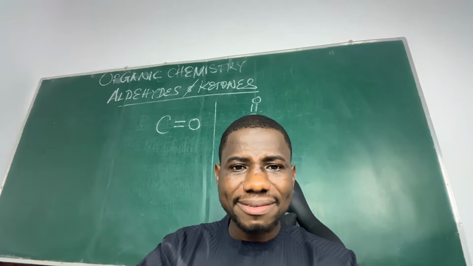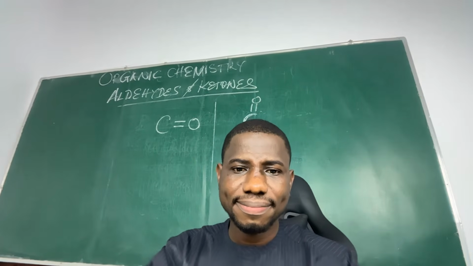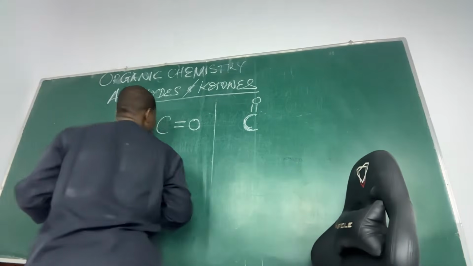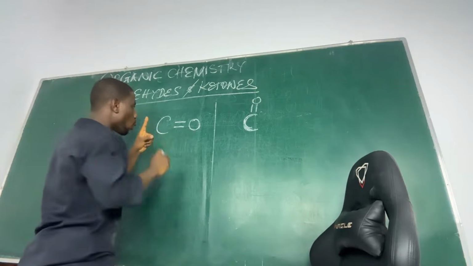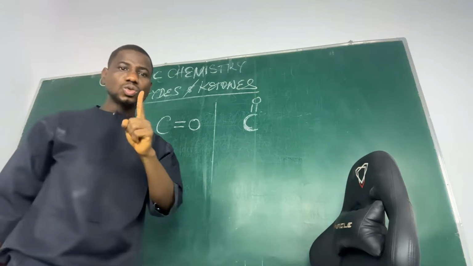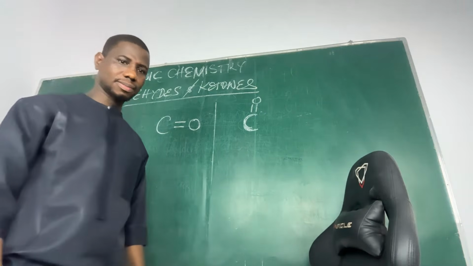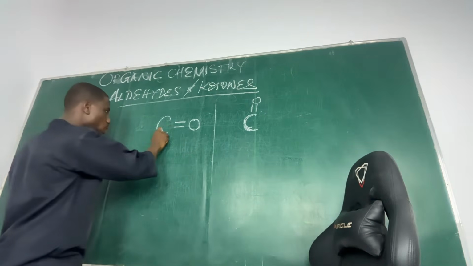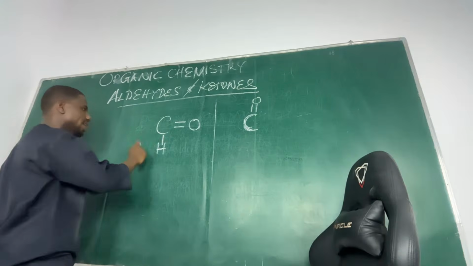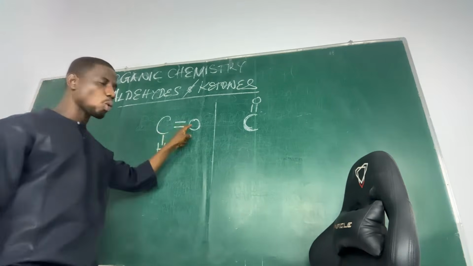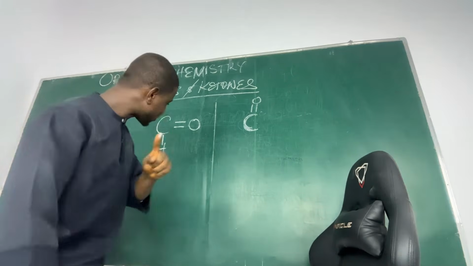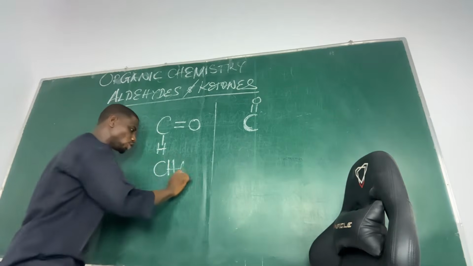Now, what do I mean by that? Let's take a look at this. Look up. This is a carbonyl group. Once it is attached to a hydrogen atom, we call it an aldehyde group. So once we have this C=O and we have a hydrogen somewhere here, it becomes CHO. Are you with me? So this is represented as CHO.